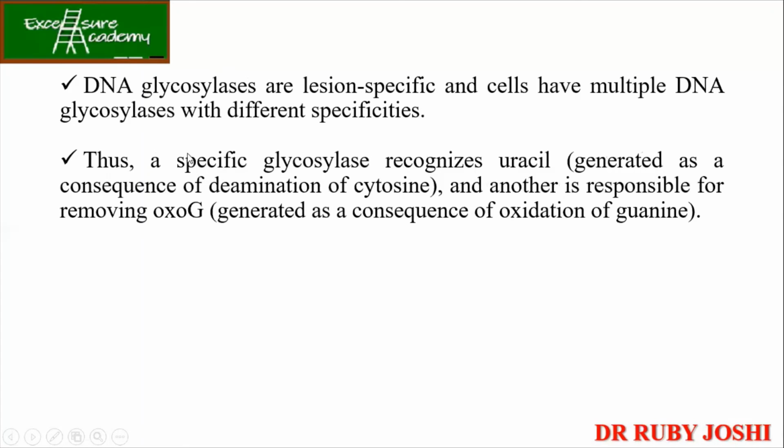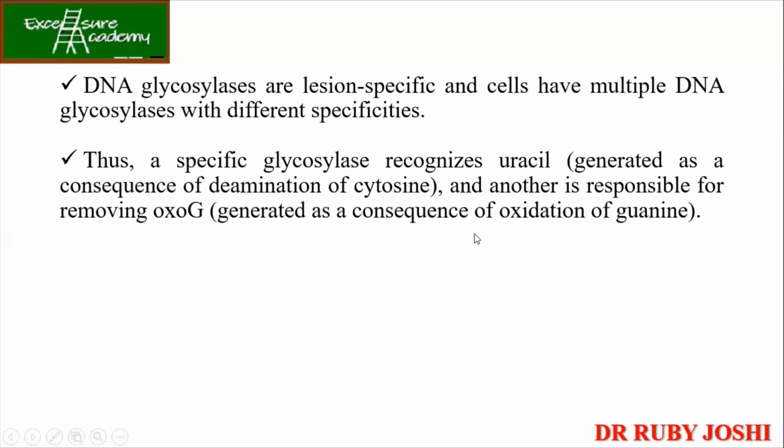Okay. Now, DNA glycosylases are lesion specific, and cells have multiple DNA glycosylases with different specificities. A specific glycosylase recognizes uracil, which is why we just talked about uracil. And another one is responsible for OXO-G. Do you remember OXO-G? Today only we have discussed OXO-G. What was OXO-G?